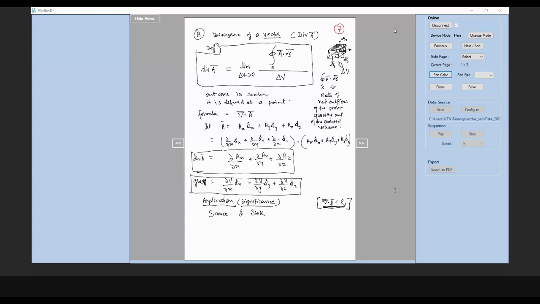Sanket, you want to say something? Yeah, so Sushant says source is where something is emitted, correct? To give away basically, and sink is where it flows to. That is very correct.